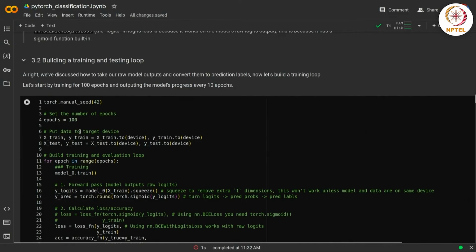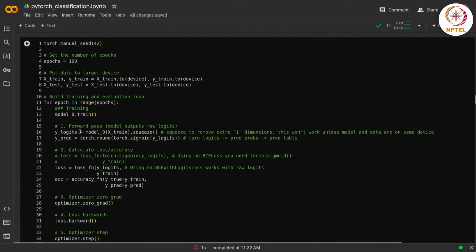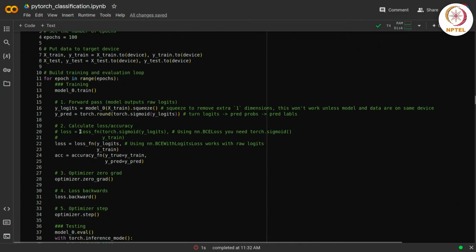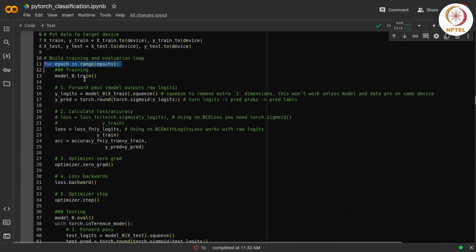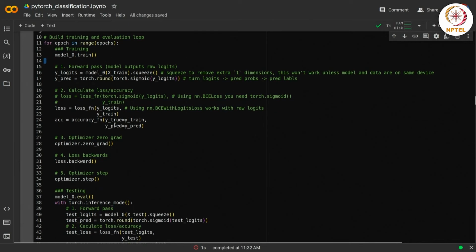Right. So now let's go ahead and see how we train this network. You can see that this is essentially the same workflow that we have seen in the regression example. You define some number of epochs, put the model in train mode, do a forward pass, and make some predictions.